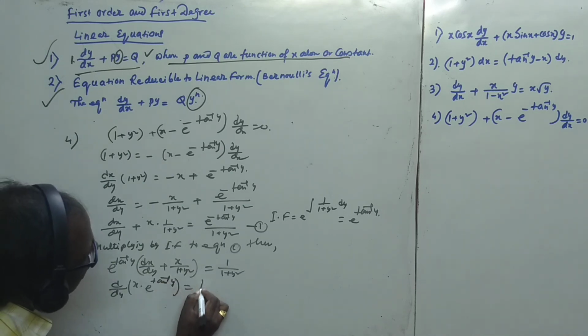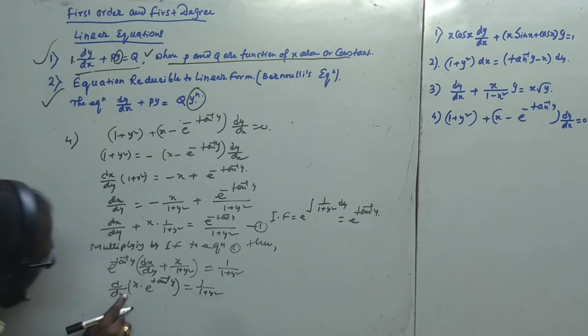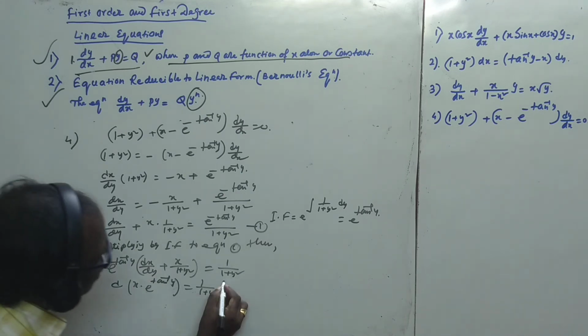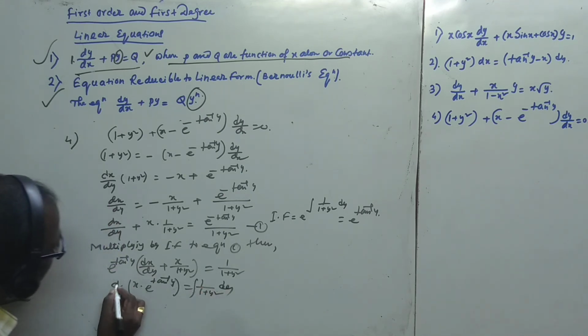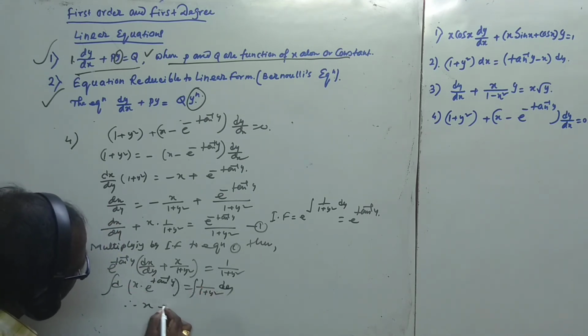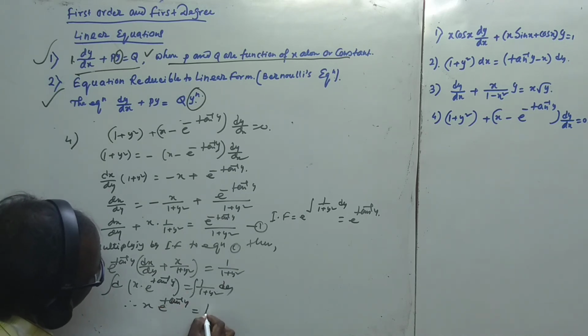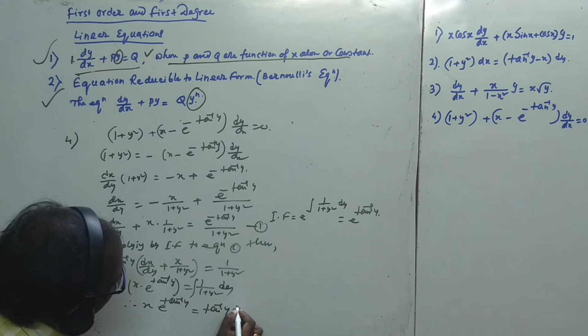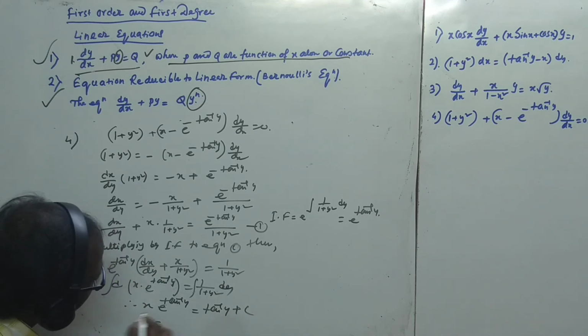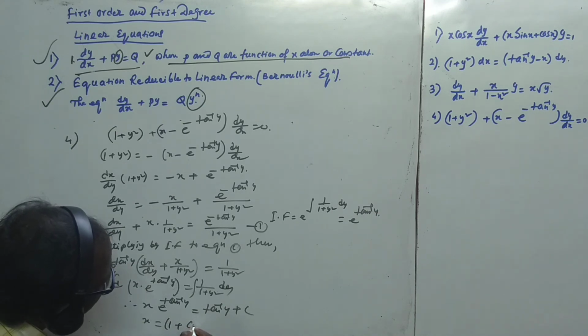Again, this is d/dy of x times the integrating factor e to the power tan inverse y. Shift dy to the right-hand side and integrate, and this is your answer: x times e to the power tan inverse y equals tan inverse y plus c, so x equals tan inverse y plus c times e to the power minus tan inverse y.